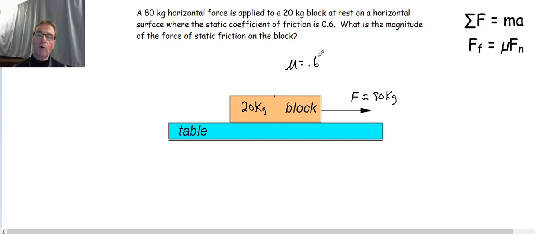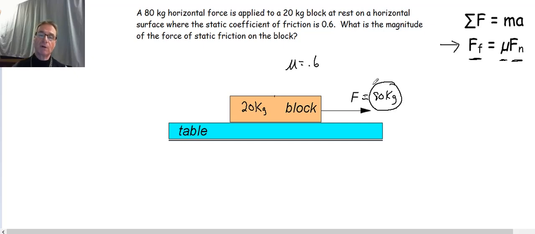All we're really looking to find out here is the force due to friction, in this case the force due to static friction. We have this equation: the force due to friction is equal to mu, the coefficient of friction, in this case the coefficient of static friction, times the normal force. Do we really need to know anything about the 80 kilogram horizontal force on the block? It's really not going to make any difference, because the block is at rest, so the block isn't moving.